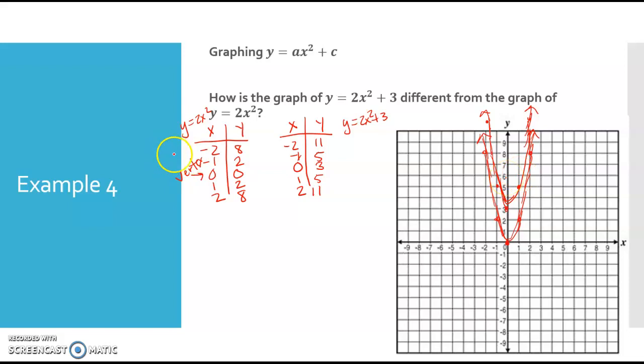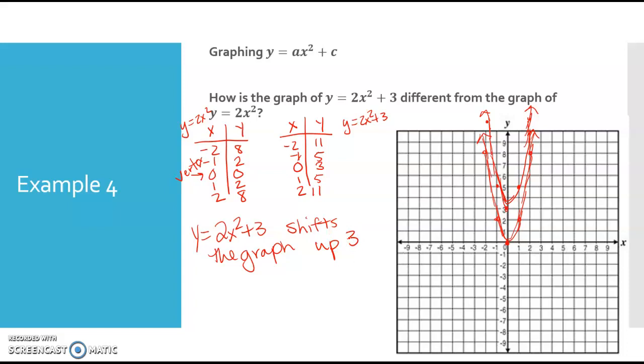So if we look at what we notice about this, what is the difference? 2x squared plus 3, how is that different from y equals 2x squared? Y equals 2x squared plus 3 shifts the graph up 3.